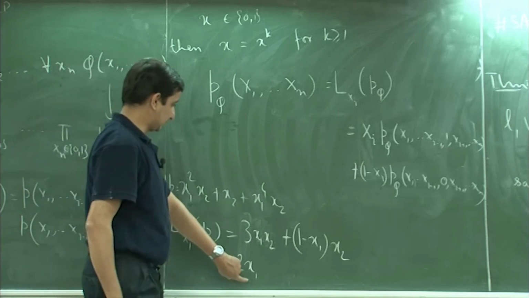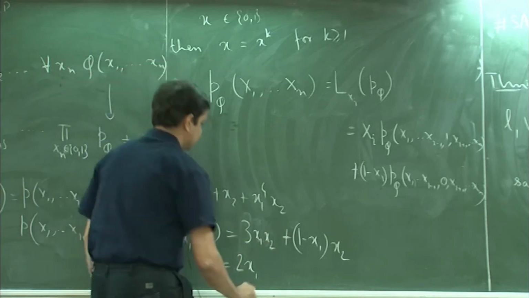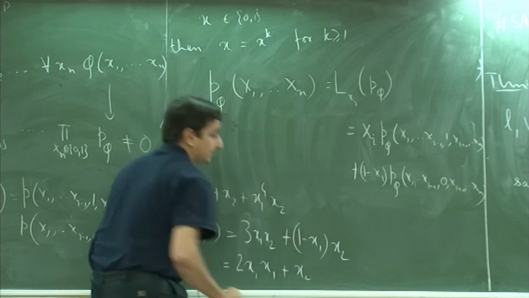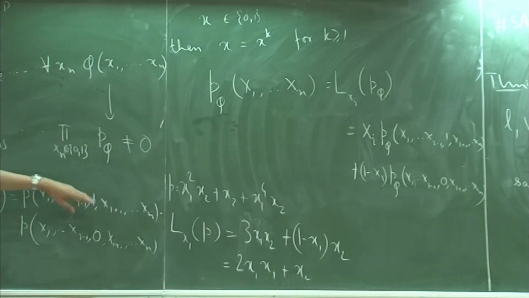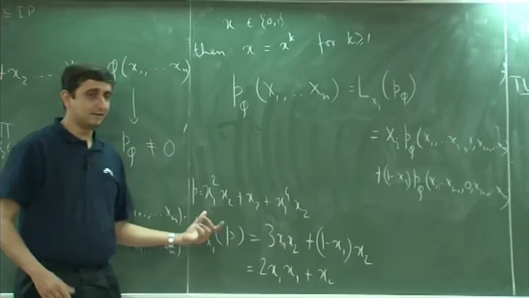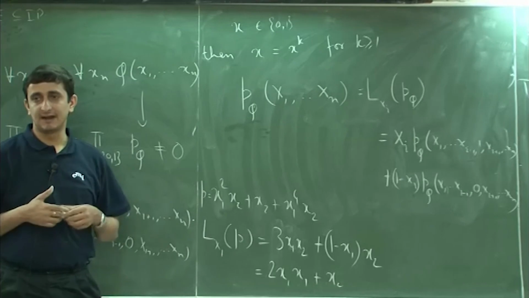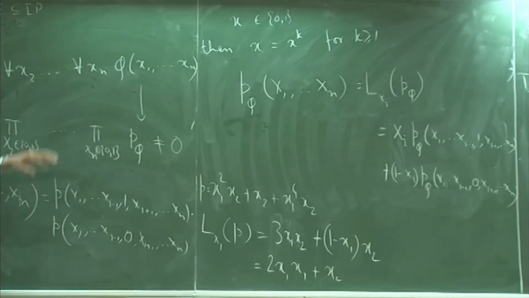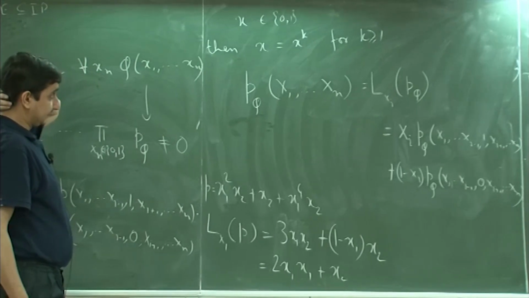So we have 2 x1 x2 plus x2. In other words, what we are doing is reducing the degree of x1 to 1, and then just collecting the terms. Okay. So, this operator has that property.